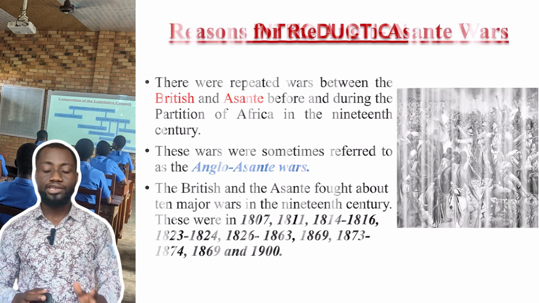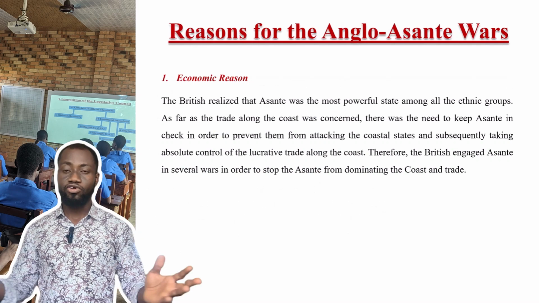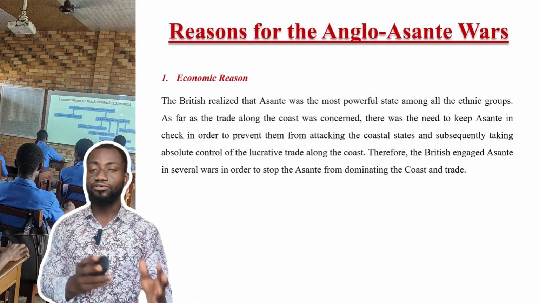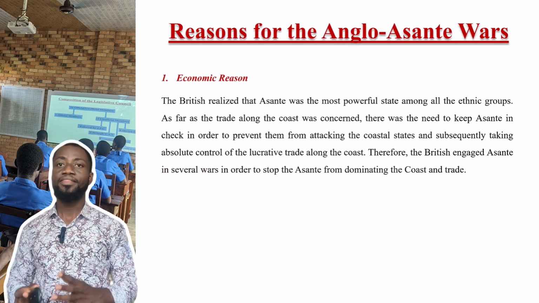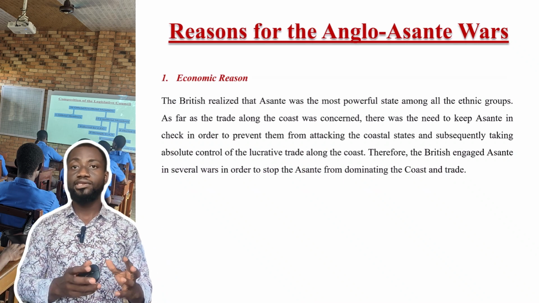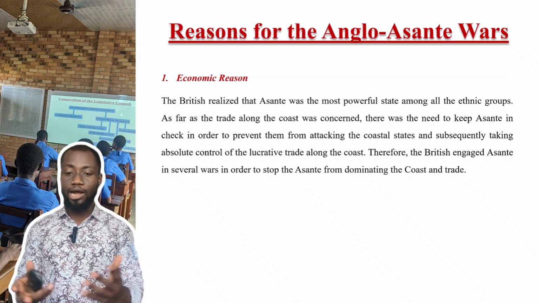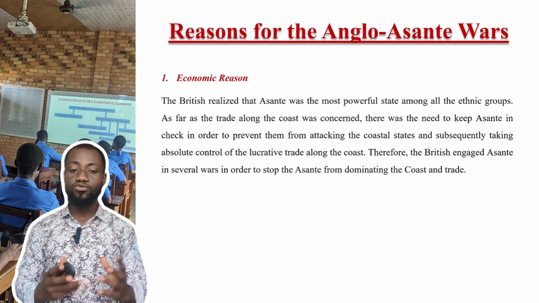The first of such reasons was an economic reason. We all know that basically the Europeans came to West Africa to trade. One of the most important reasons for the coming of the Europeans was to trade among the local people in West Africa.